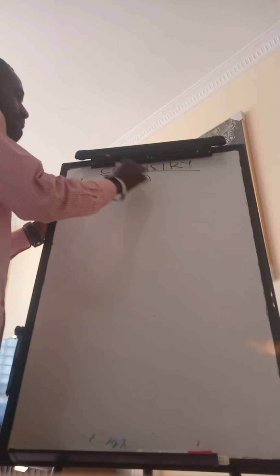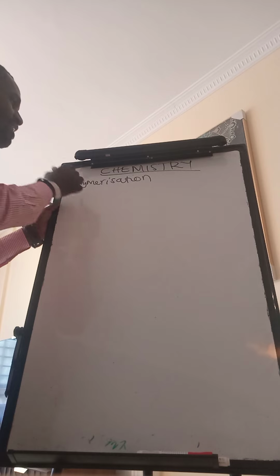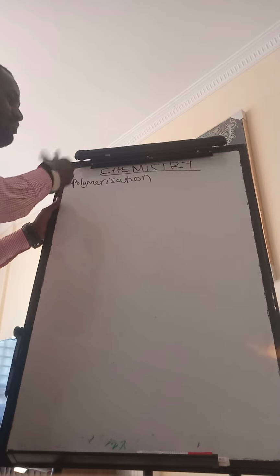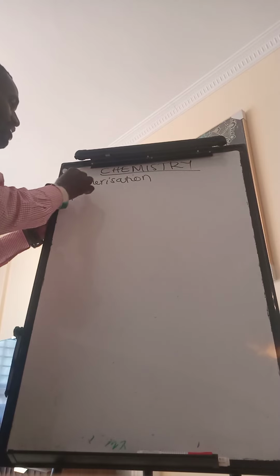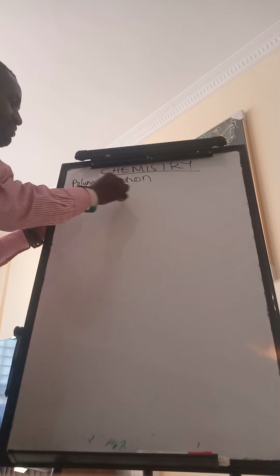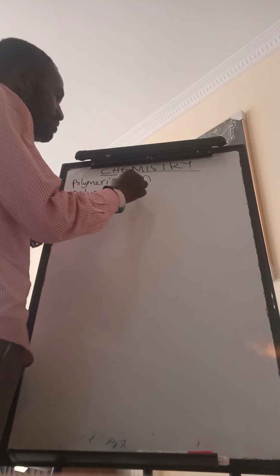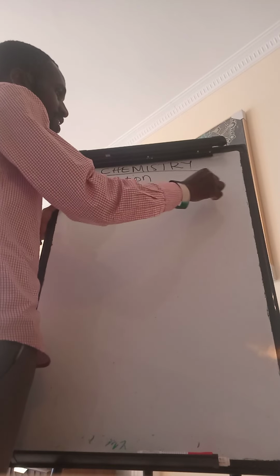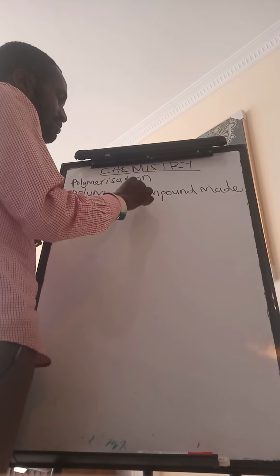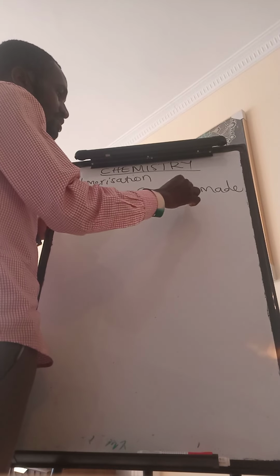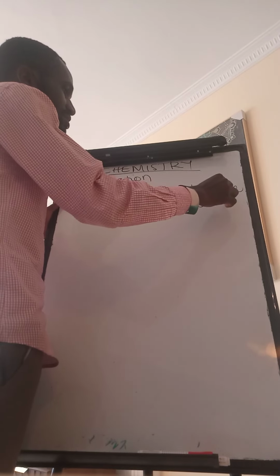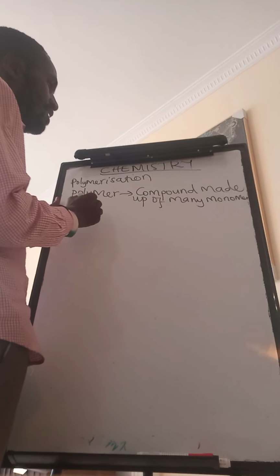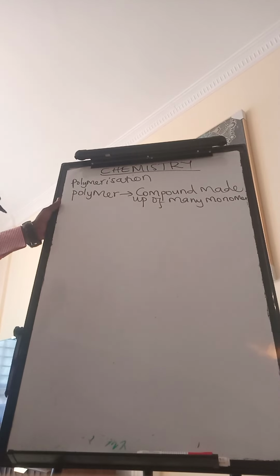Polymerization. So this has to do with the combining of several monomers to form a polymer, isn't it? And of course, you have to look at the word polymer. You can say that this is a compound made up of many monomers, or a compound that constitutes quite a good number of monomers.